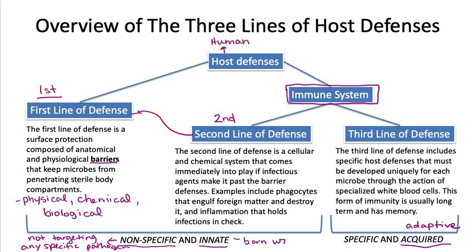And it's specific, meaning it does target a specific pathogen that's causing a problem, and it usually does that through antibody detection. So what the second and the third line of defense have in common is that these 2 systems involve an immune response.